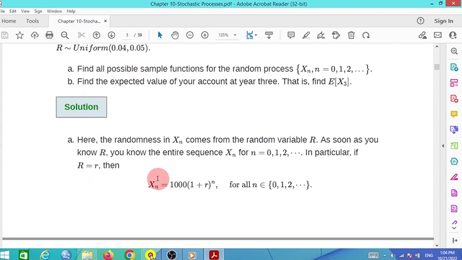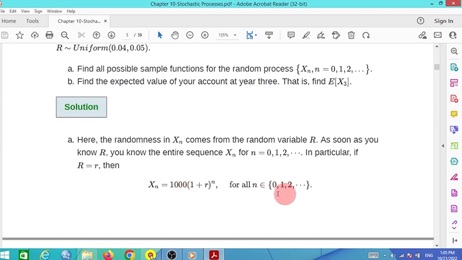Okay, so by this formula, if r is known, you can calculate your money at the end of each year. Take n equal to 0, it is 1000, the initial money.